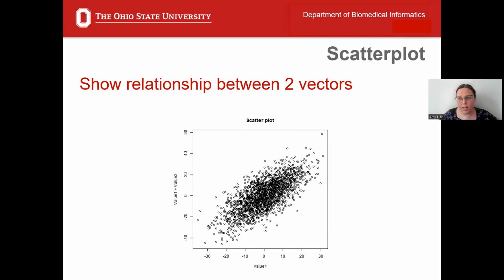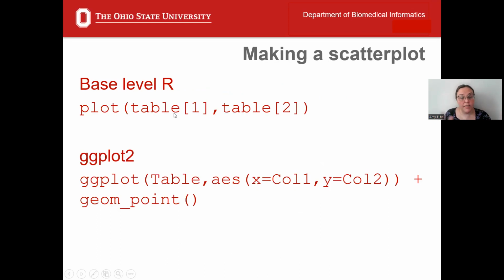Okay, here's a scatter plot. It's going to be the relationship between two numerical vectors. You have your x-axis and you have your y-axis. So it's not surprising in ggplot, we need to specify x and y. And then we add on geom_point to get a scatter plot.